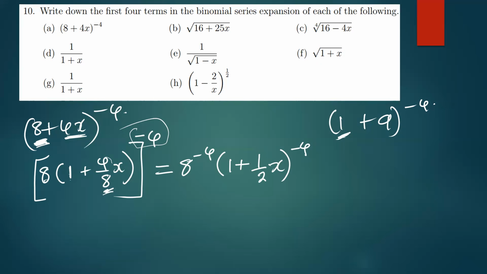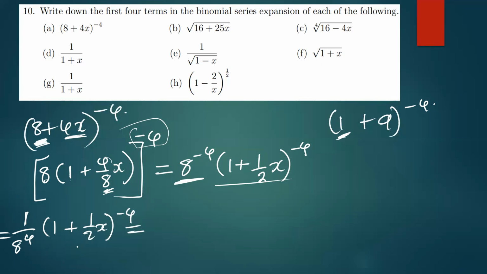So here, this is now a straightforward question. Why am I saying it's a straightforward question? Anyone can solve this using the extension. What you just need to do is, you know that 8 to the power -4 is just the same as 1/8 to the power 4. And then you are multiplying this with this expression there. So that expression is 1 plus 1/2x to the power -4.